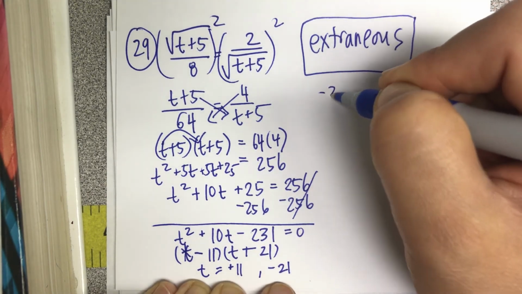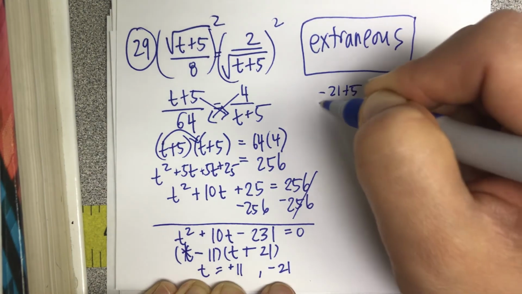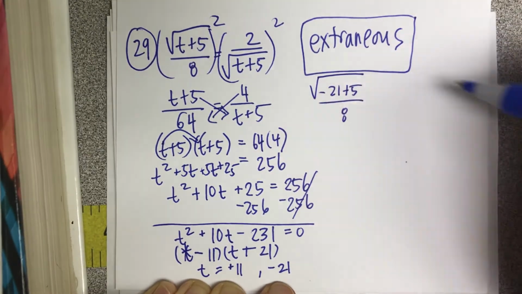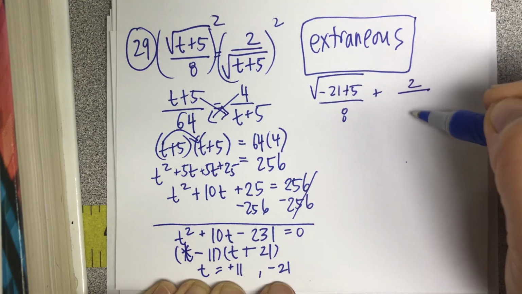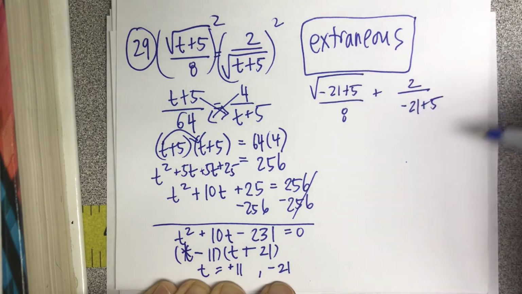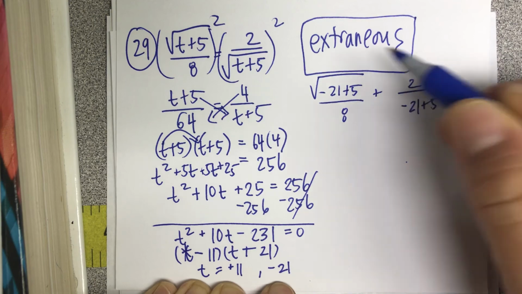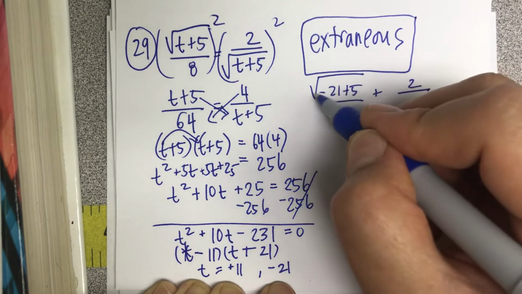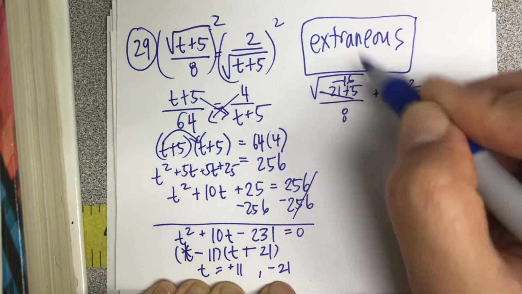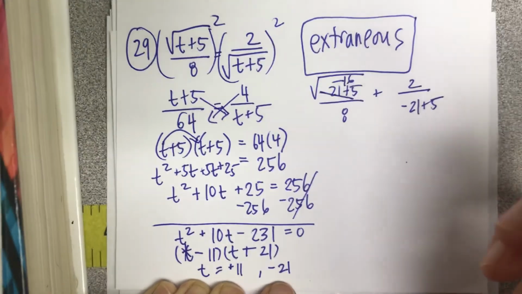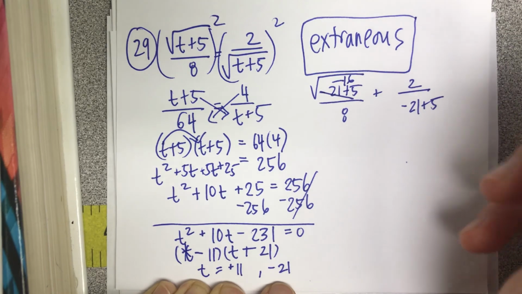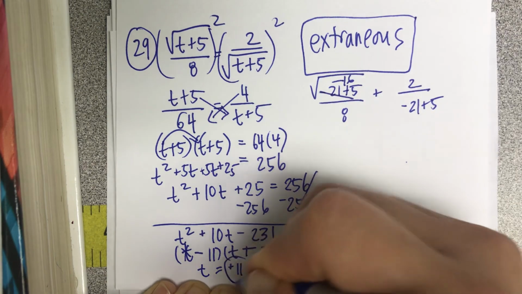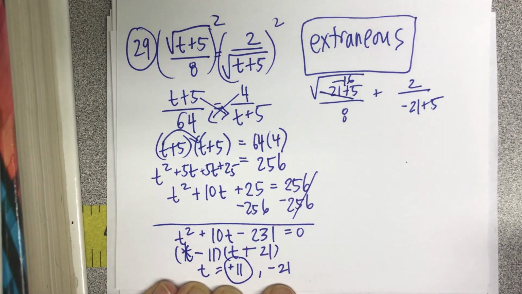Because if you go negative 21 plus 5 over 8, square root over 2 over the square root of negative 21 plus 5, you can't have a negative number in a square root, okay? Because then that'll be an imaginary number. So that's going to come out to negative 16. You can't have a negative in a square root, because that's going to be an imaginary number, and they asked you for a real number. Okay, so our answer is going to be 11. We don't even really have to try it out, because we just know that you can't have a negative in that square root.